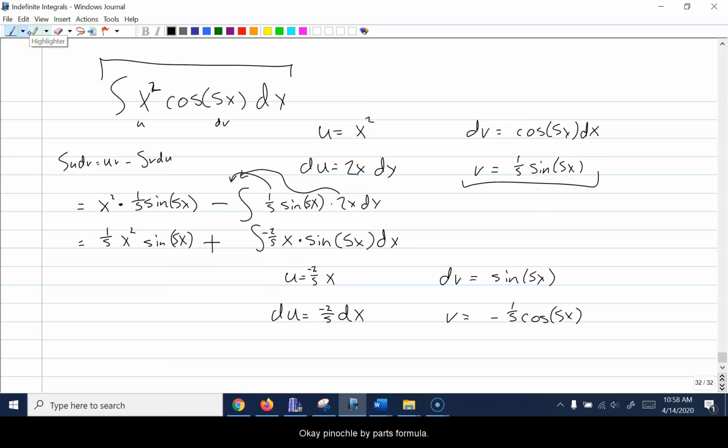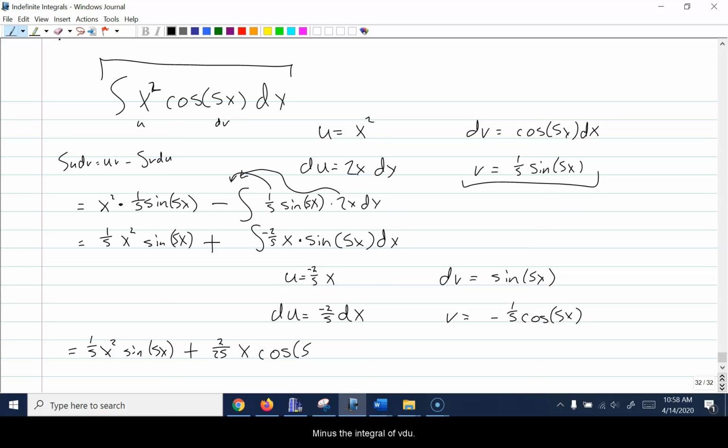Okay, the integral by parts formula. This first part is still there: 1/5 x squared sine 5x. Plus, now I need u times v. Negative times negative cancels, I get a positive. 2/5 times 1/5, 2 on top, 25 on bottom, x cosine 5x.